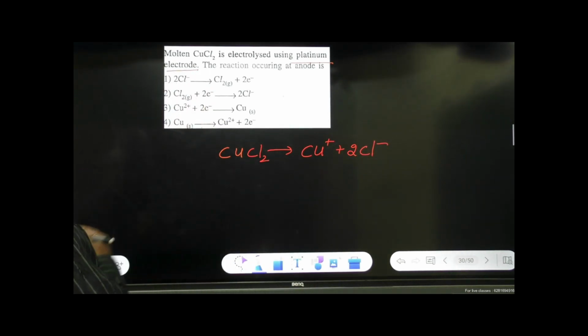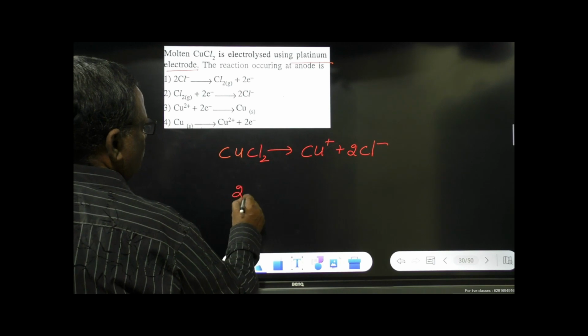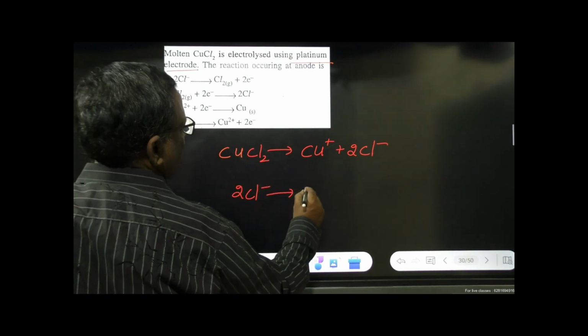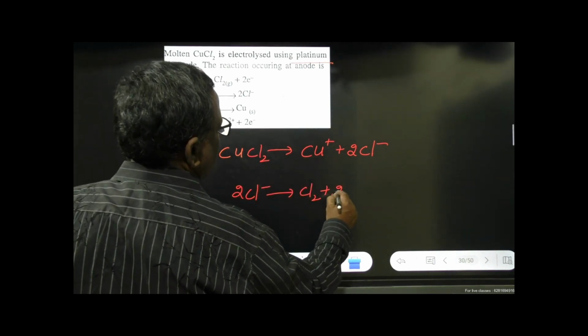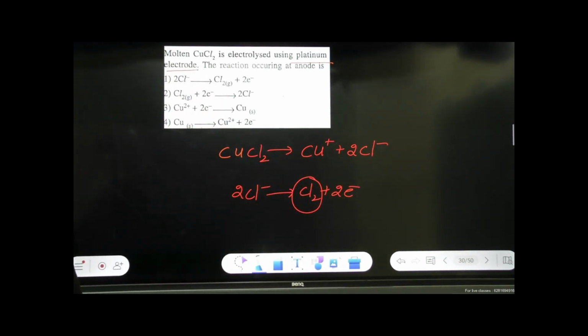Now a platinum electrode is used at the anode. When a platinum electrode is used at the anode, these anions will discharge. 2 Cl minus gives Cl2 plus 2e minus. So chlorine is liberated at the anode.